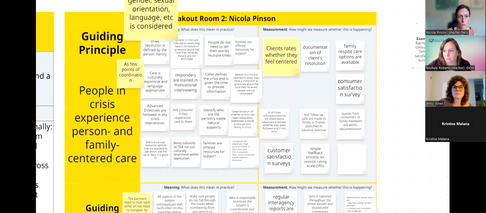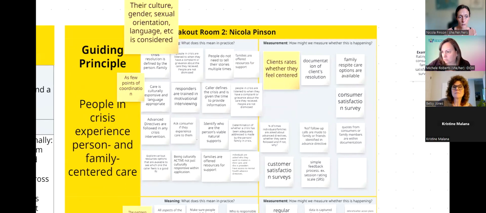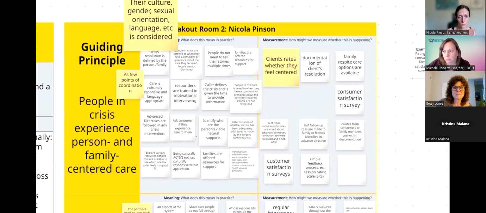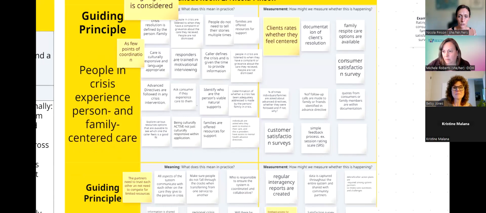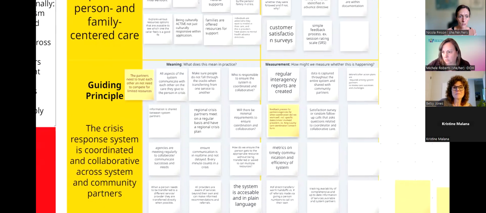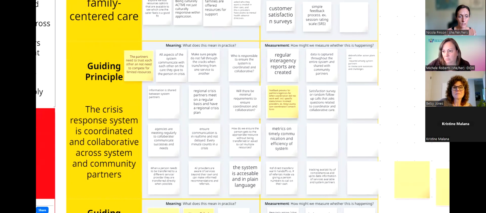We have Kristen reporting out on our guiding principle about people in crisis experiencing person and family-centered care. And then I'll move down to the crisis response system is coordinated and collaborative across system and community partners.